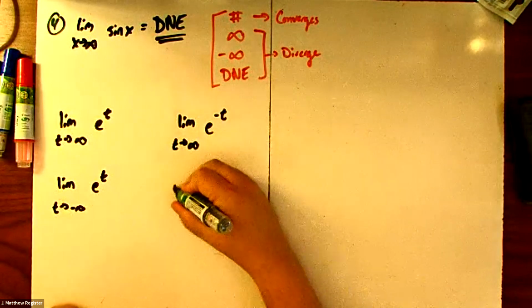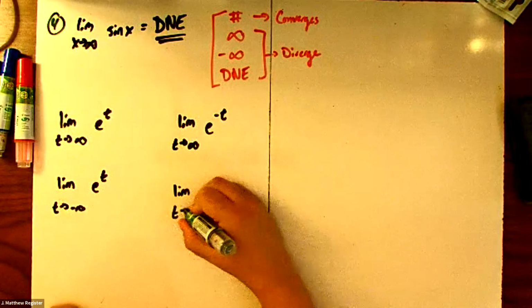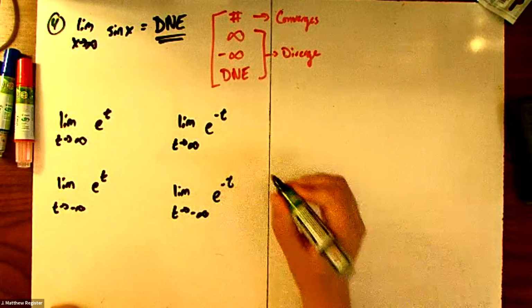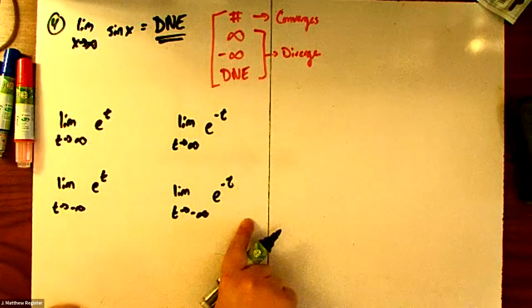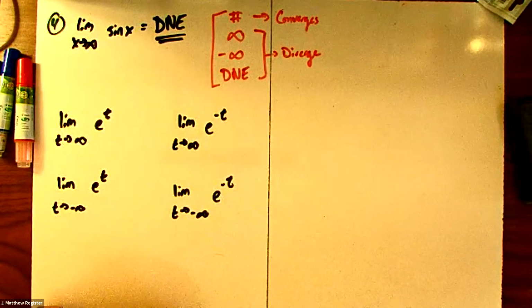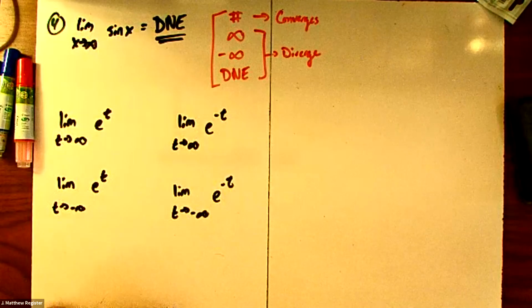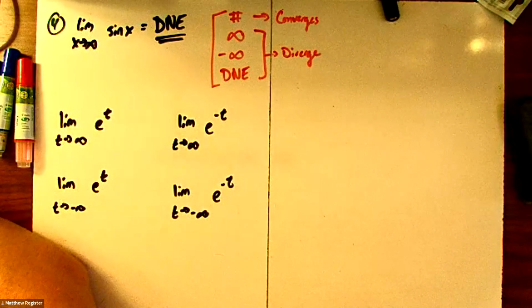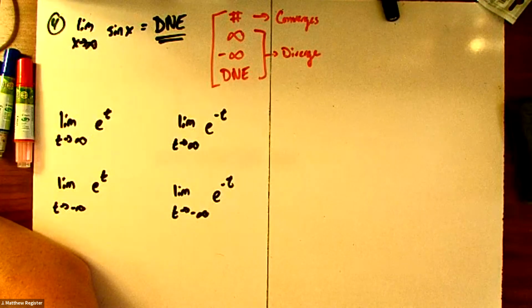And then we'll do the limit as t goes to negative infinity of e to the negative t. This one wasn't included and it had x's instead of t's, but they're all the same. And so let's calculate these real quick, but let's actually use a different tool. And so let's use our good friend Desmos.